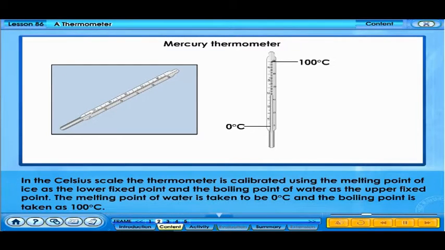In the Celsius scale, the thermometer is calibrated using the melting point of ice as the lower fixed point and the boiling point of water as the upper fixed point. The melting point of water is taken to be 0 degrees Celsius and the boiling point is taken as 100 degrees Celsius.